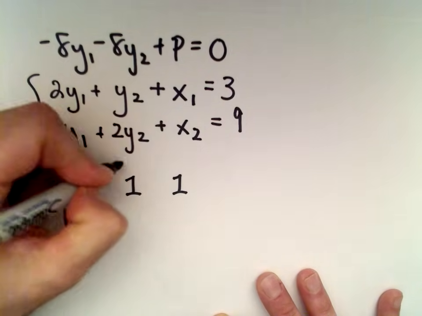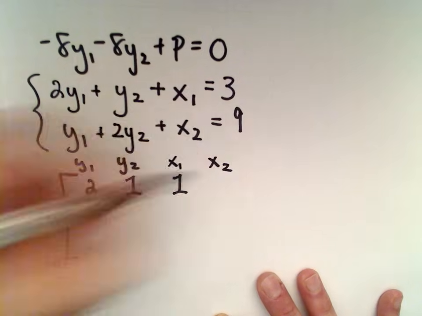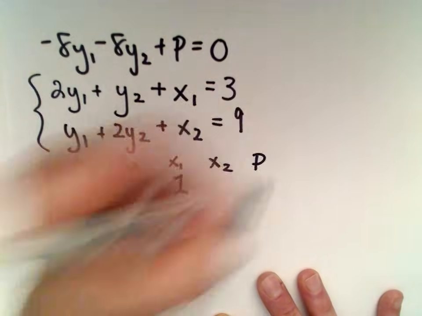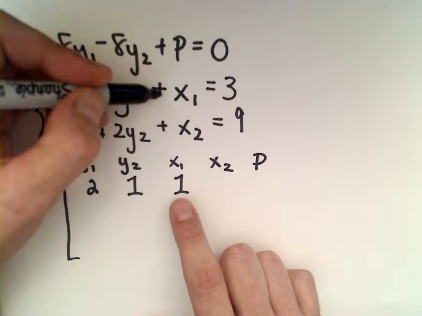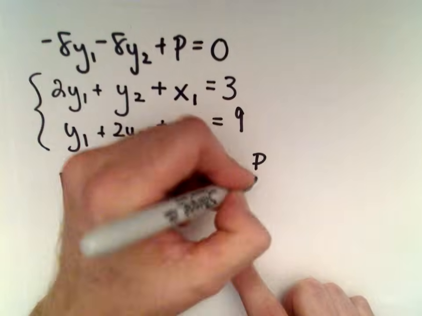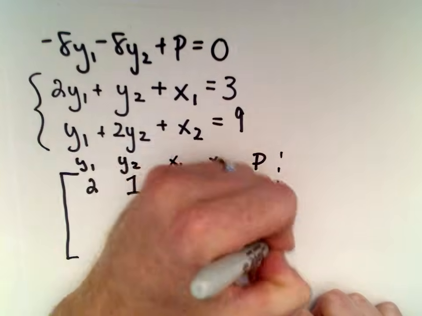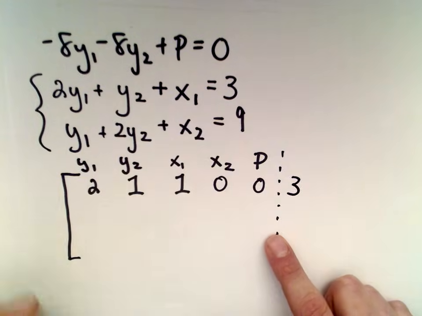So we've got y1, y2, x1, x2, and then this variable p. So I've got 2y sub 1 plus 1y sub 2 plus 1x sub 1. We don't have any x2s in that equation, we don't have any p's. But now we'll include our number 3 over to the right.